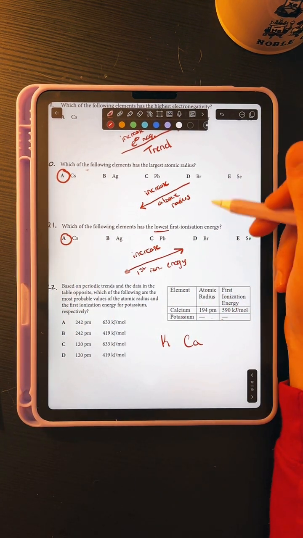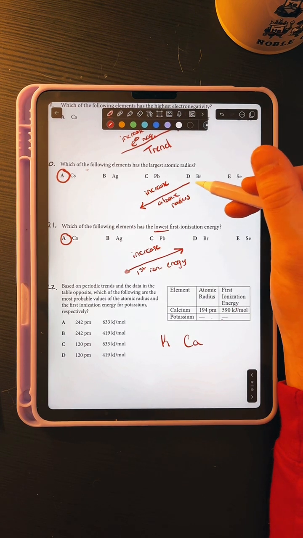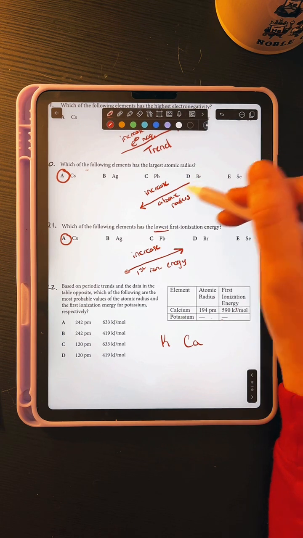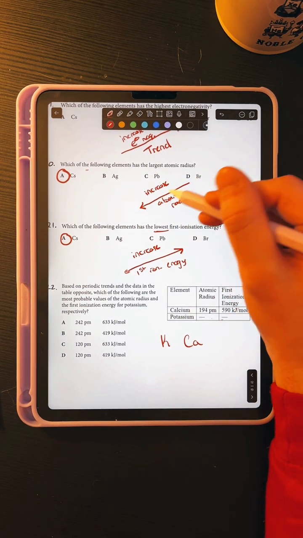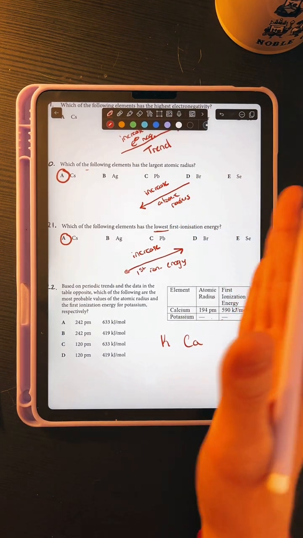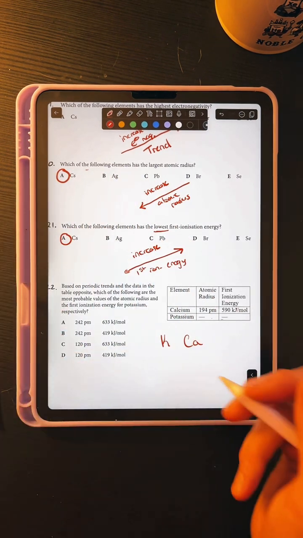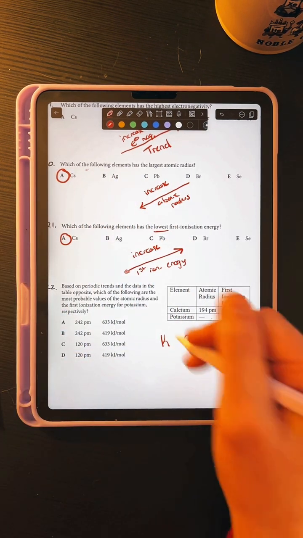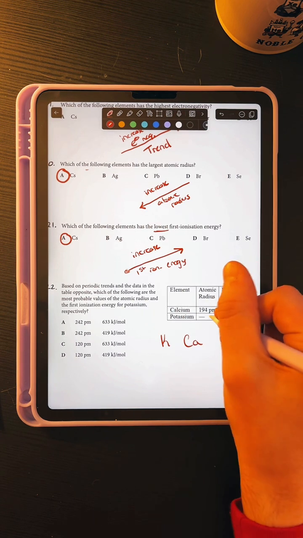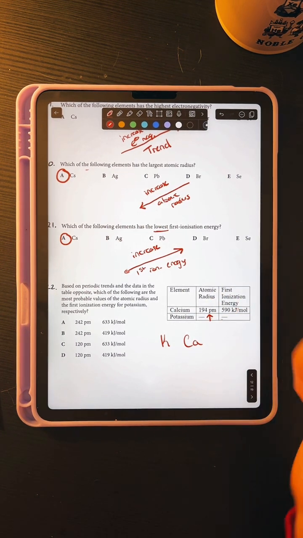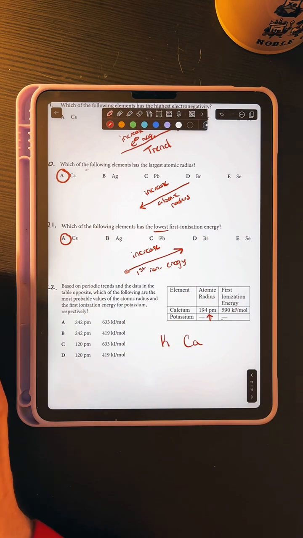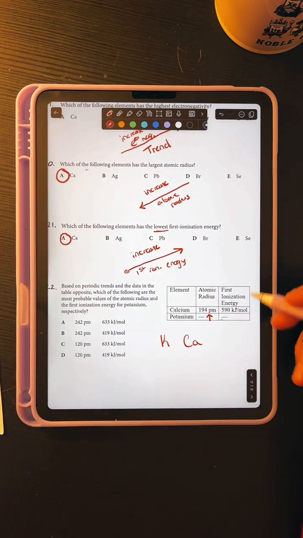Now, we just did the atomic radius trend, where we said as we go from top right to bottom left, we are increasing our atomic radius. So as we go further left, our atomic radius increases. So the atomic radius for potassium, we want to be higher than calcium because it's further to the left. It's following that trend on the periodic table.